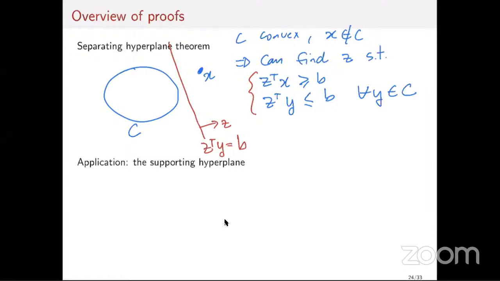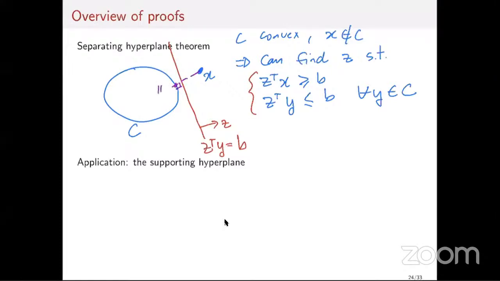The proof of this theorem is actually not very complicated. It's easy to see geometrically what you would like to do. The way you want to choose the Z is that you take this X and project it on C, and this Z is going to be proportional to X minus the projection.